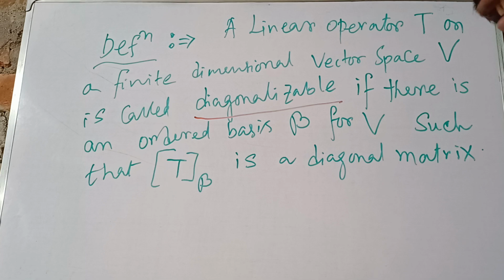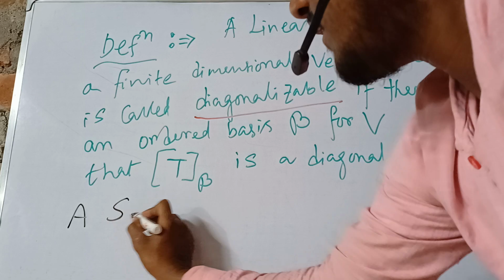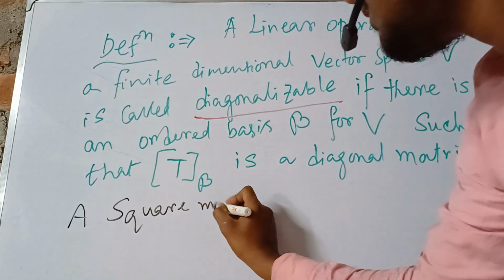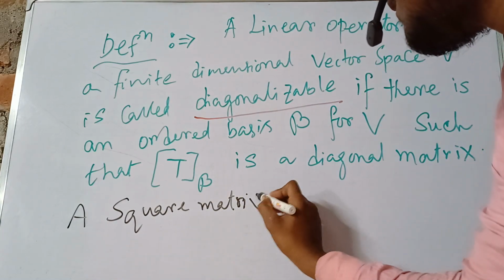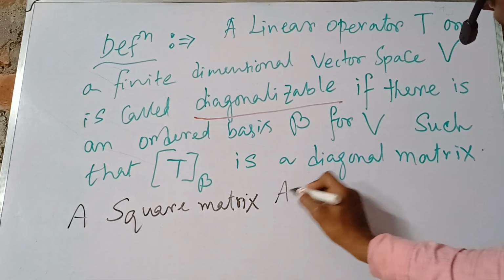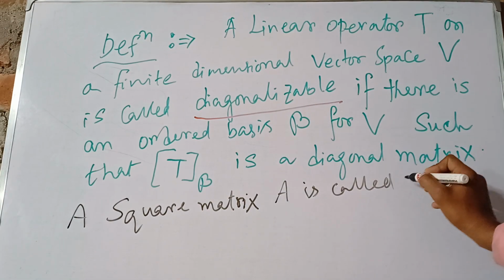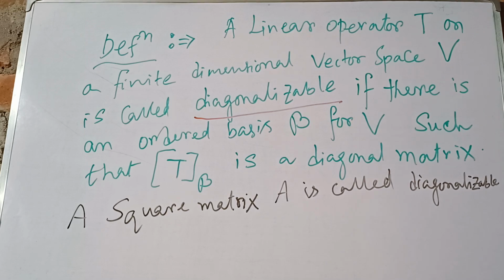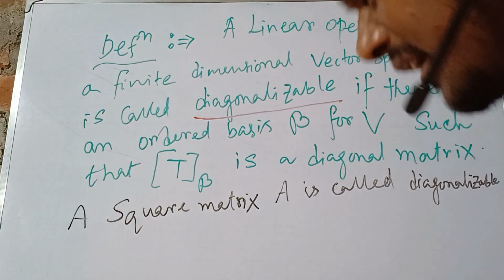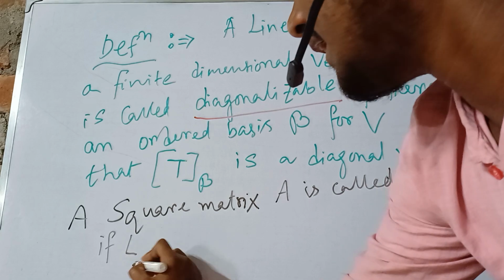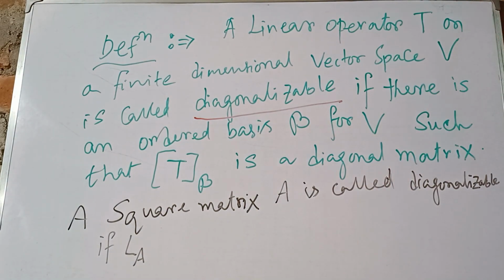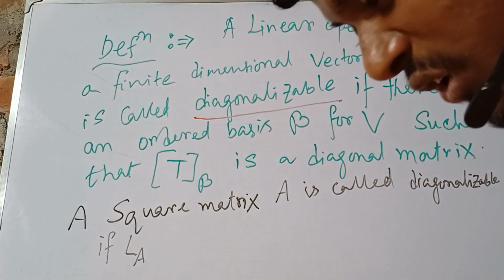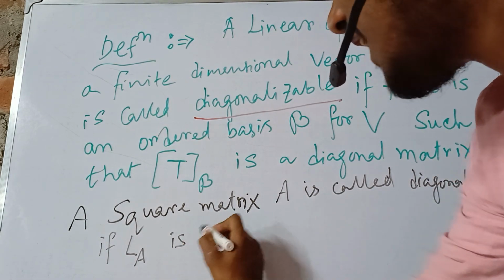Now we also discuss when a matrix is called diagonalizable. We write it in this way: a square matrix A is called diagonalizable if the operator LA, LA x equal to Ax, which we know from the previous class, is diagonalizable.